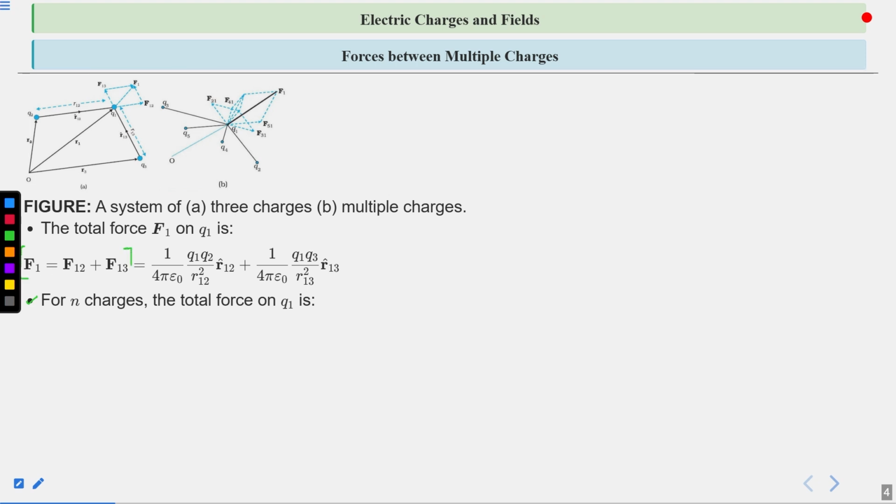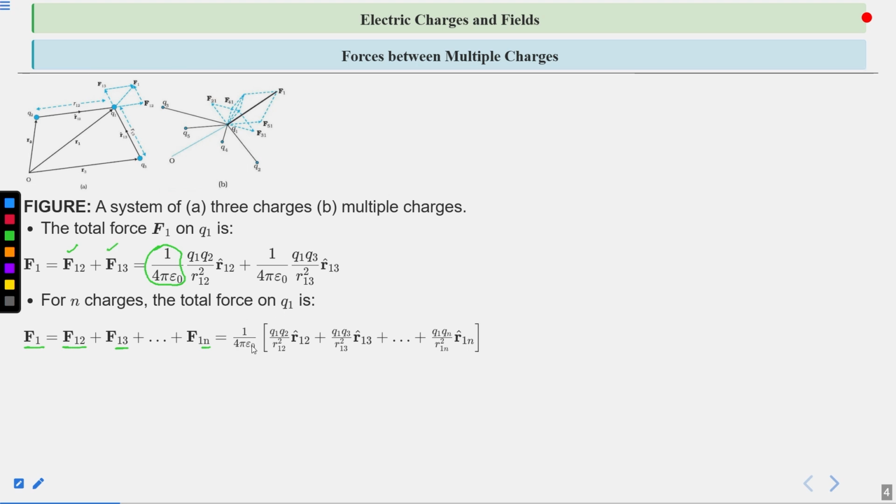Now if we consider n charges, the total force on Q1 is the net force on charge Q1 due to n charges: F12, force on charge first due to second, plus force on charge first due to third, plus force on charge first due to nth charge. Clear? Now take 1 upon 4 pi epsilon naught common, because it is common in every force.